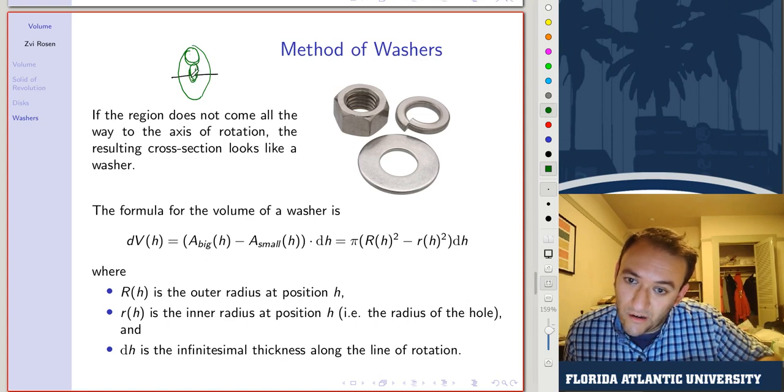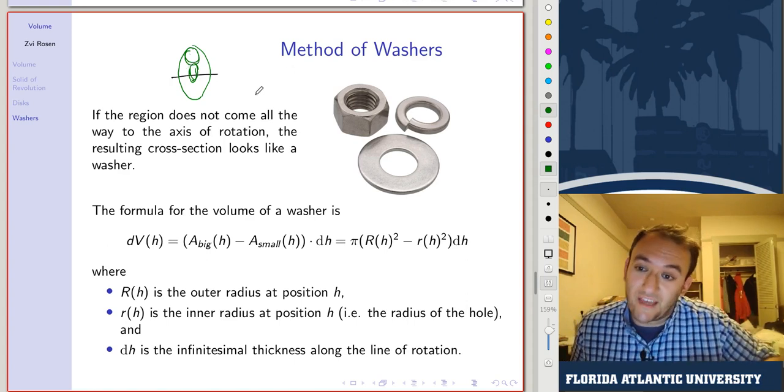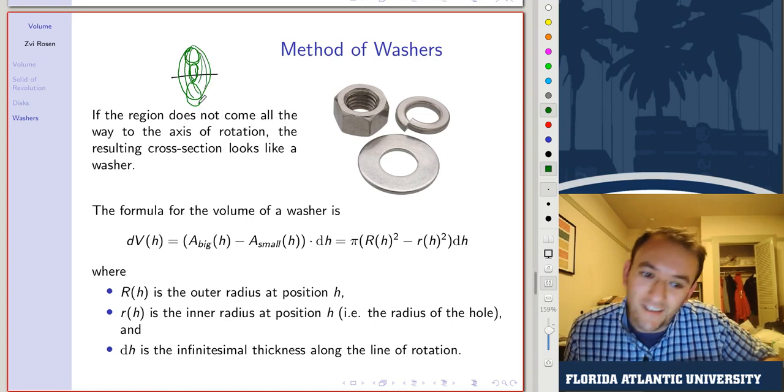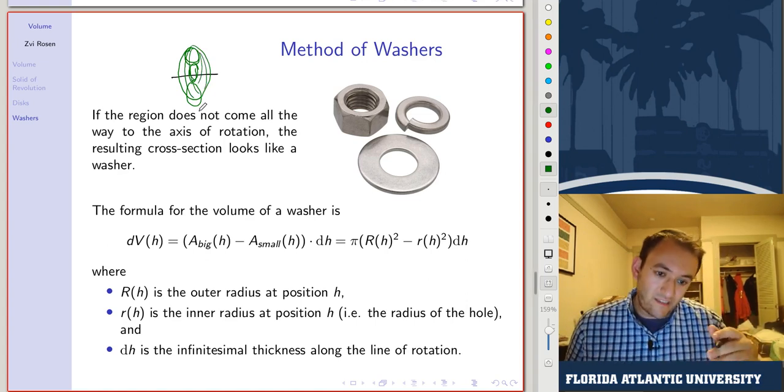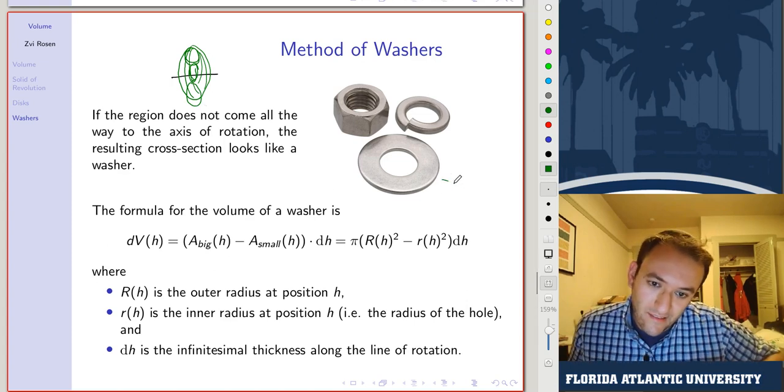There's a hole here representing the empty space between the region and the axis of rotation. Yeah, this picture might not give the best image of it, but you get the idea. We're representing something that has a hole in the middle. And that's why we talk about washers. This thing is a washer.